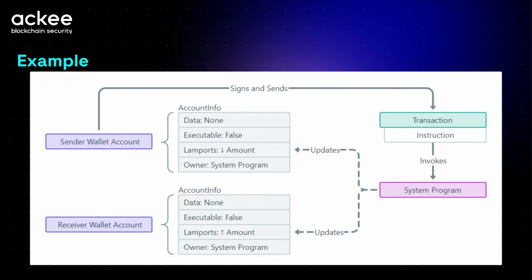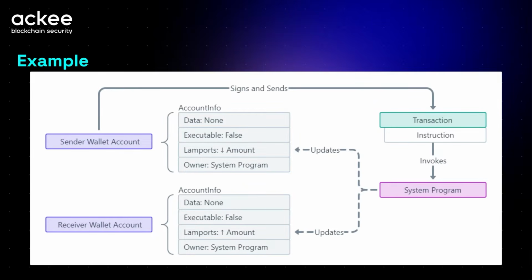I was talking about the key points in the accounts, for example. And there was a point that only the account owner can modify the account fields. This is a great example of that. You can see the owner of both of the accounts is the system program.